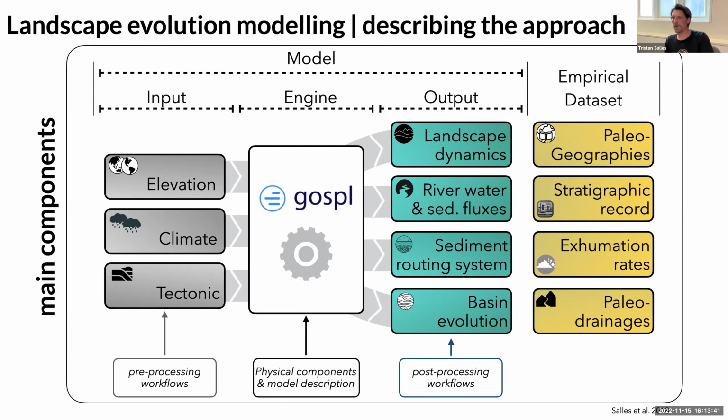And if you are in mountain ranges, potentially you will have some idea about the exhumation of some old rocks based on dating, and you will be able to compare that with the exhumation rates from your models. So there is this kind of thing that you can use to evaluate how your model is performing and how well it is able to simulate part of the observable.